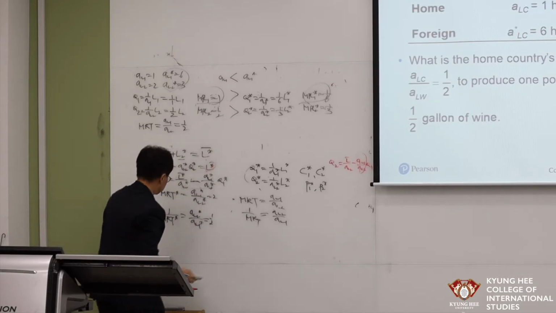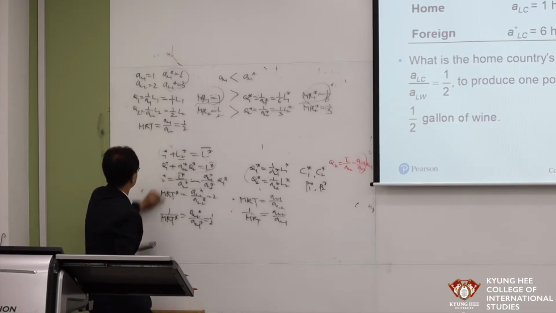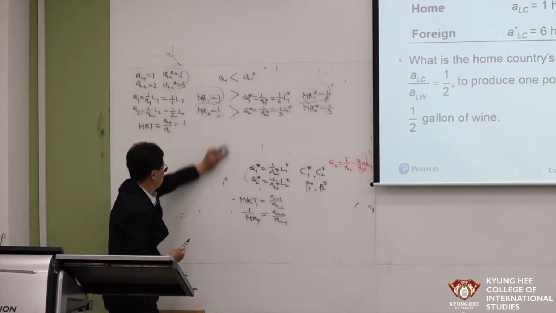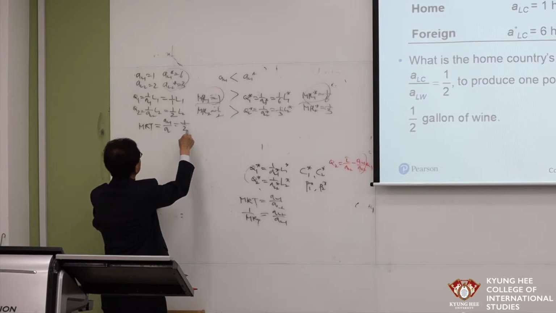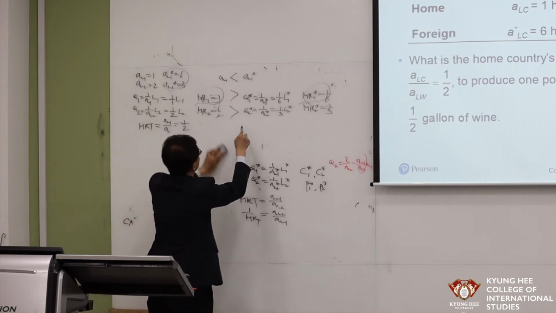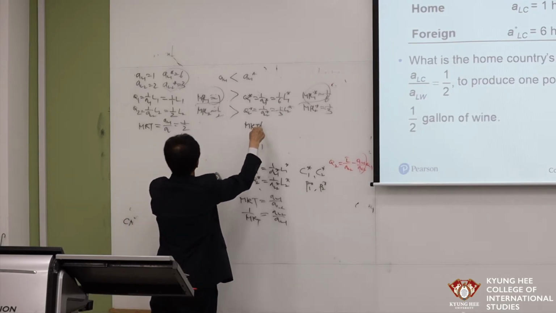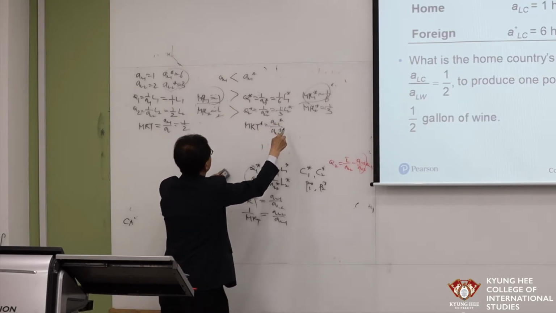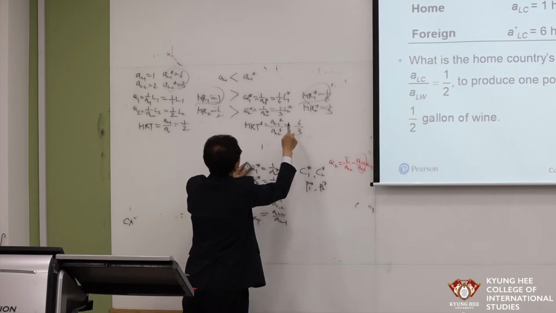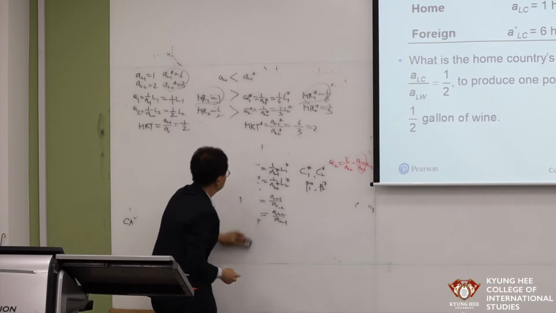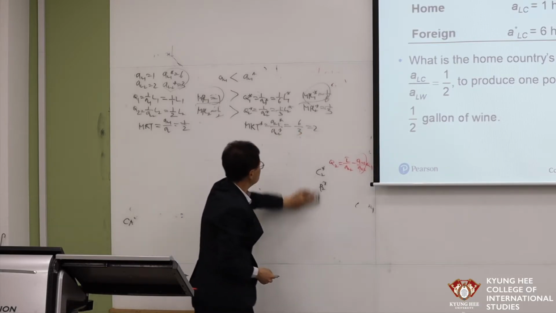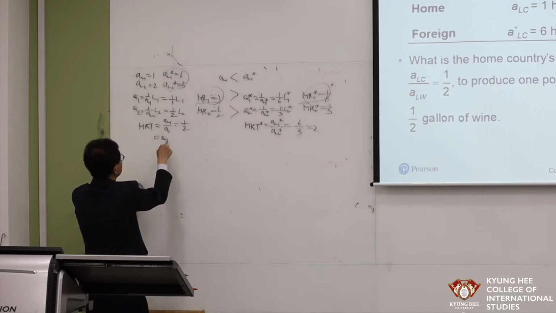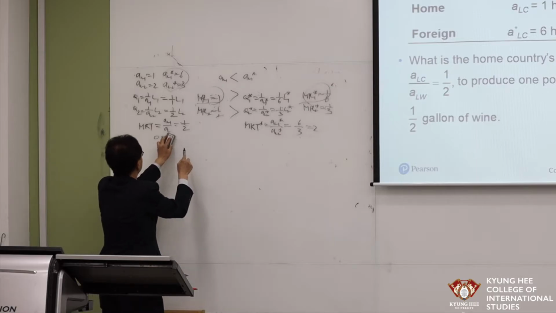MRT foreign, MRT star, is equal to AL1 star over AL2 star. That is 6 over 3 in our numerical example, so 2. Right? This MRT is equal to the opportunity cost of Q1 in terms of Q2 in home.